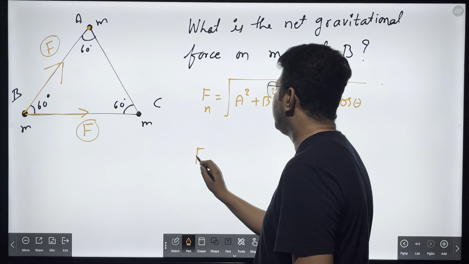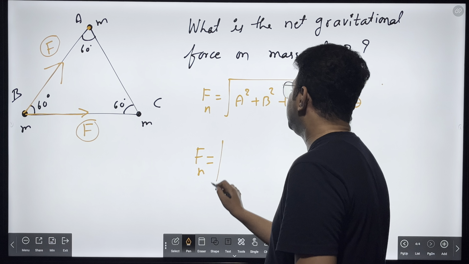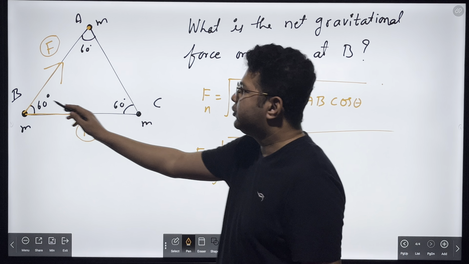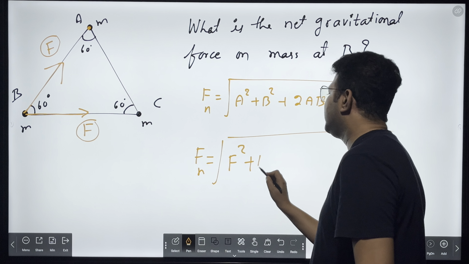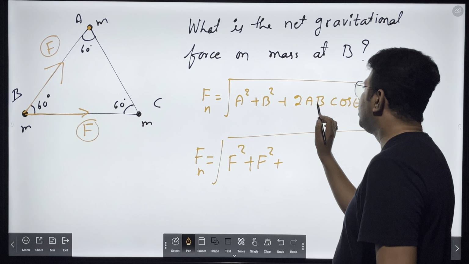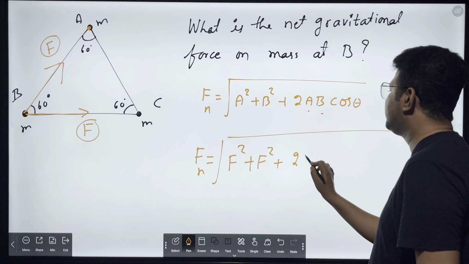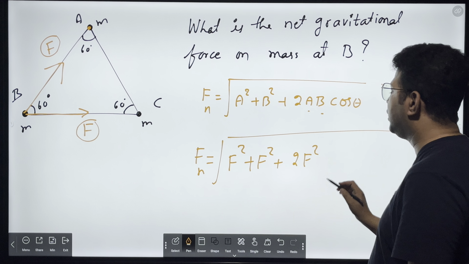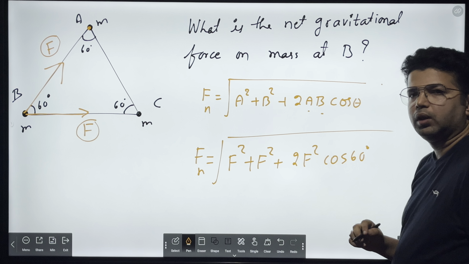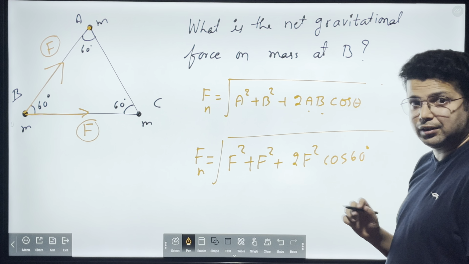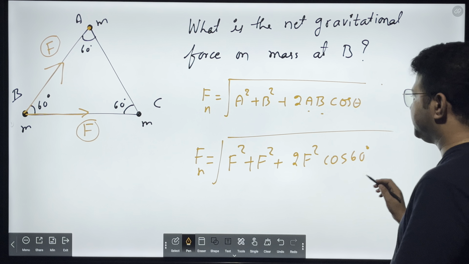Net force is therefore equal to square root of, this force is F, this force is F. What happens? F square plus F square plus 2F into F, 2F square into cos theta, cos 60. What is cos 60 degree? Sin 30 is half. So therefore cos 60 is also half. So what happens?